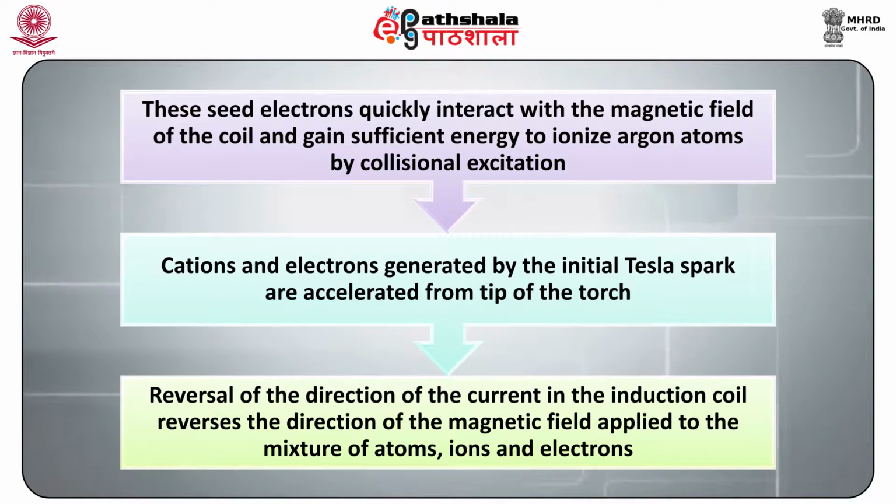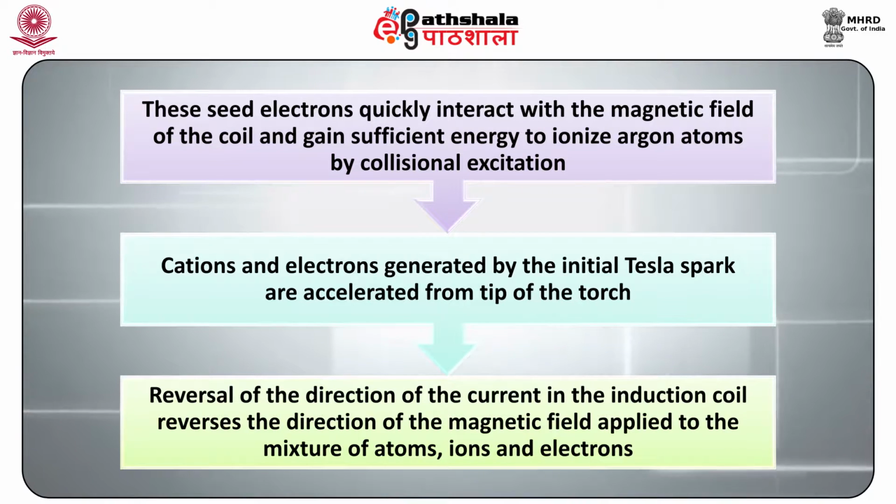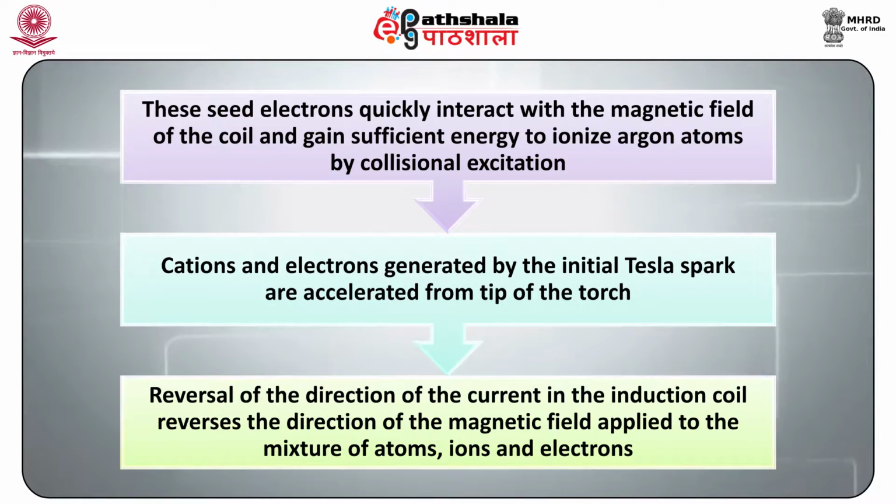These seed electrons quickly interact with the magnetic field of the coil and gain sufficient energy to ionize argon atoms by collisional excitation. Cations and electrons generated by the initial Tesla spark are accelerated from the tip of the torch. Reversal of the direction of the current in the induction coil reverses the direction of the magnetic field applied to the mixture of atoms, ions and electrons.